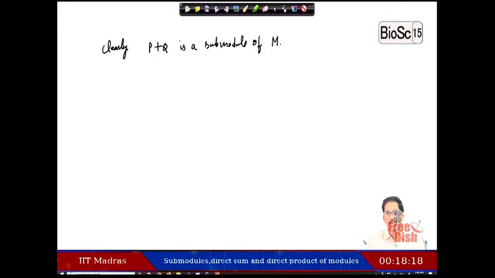Scalar multiplication is the same as the scalar multiplication coming from M. Therefore, it is a submodule of M, and it is known as the sum of the modules P and Q.